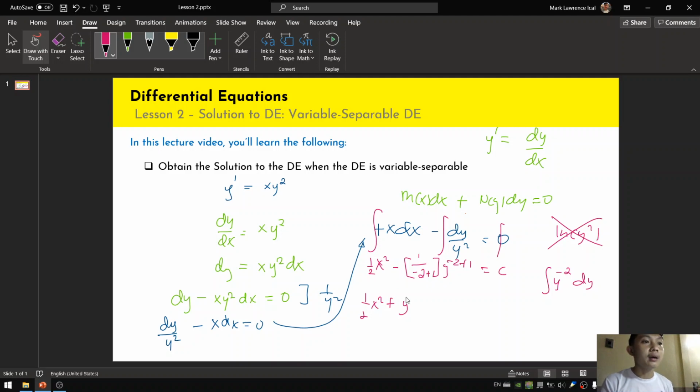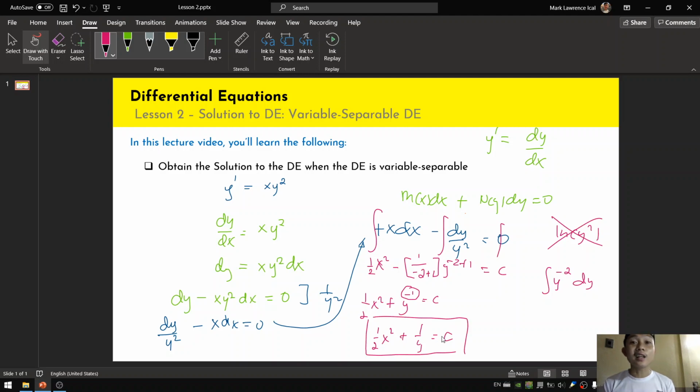So y to the negative 1 is equals to C. So this is not done yet. We're going to move negative 1 below because we don't want a negative exponent. So it's going to be 1 half x squared plus 1 over y is equals to C. Okay, so this is the answer.